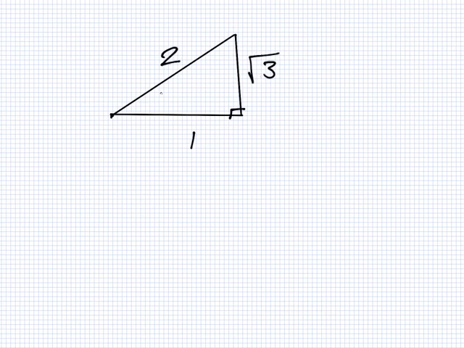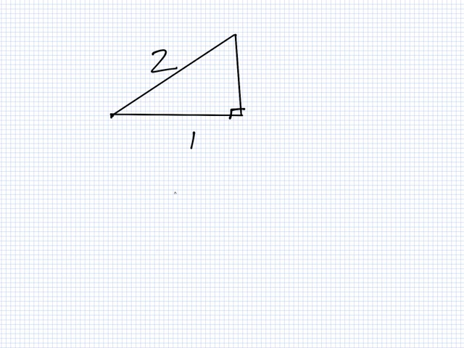Right, let's have a look at an example here. I'll draw a triangle. We'll make it right angle. We'll say this side is 1, 2, and root 3. Now let's have one of the sides missing. Okay, 1 and 2. And I would like to find all the missing sides and all the missing angles.